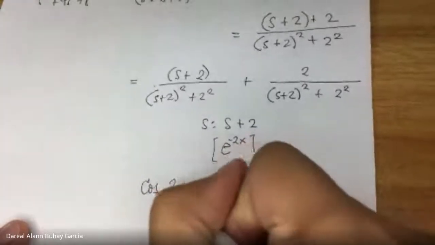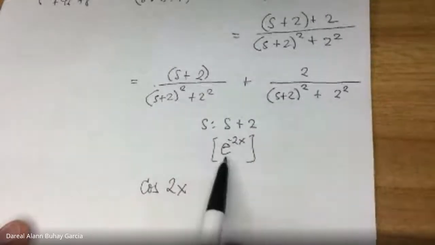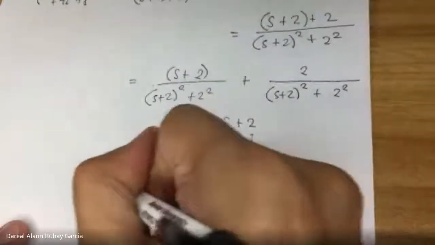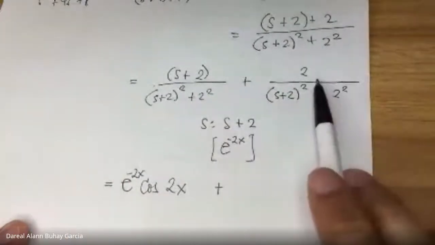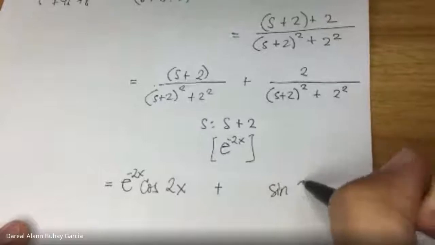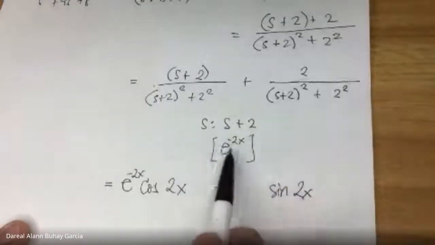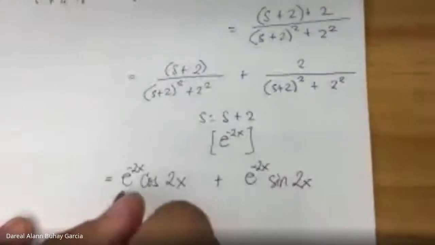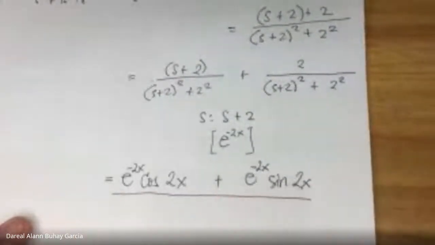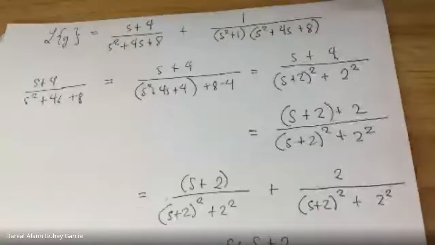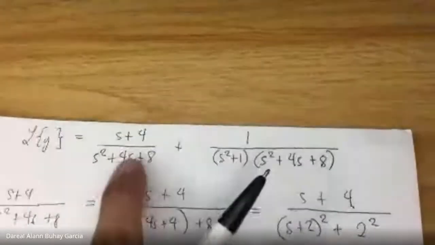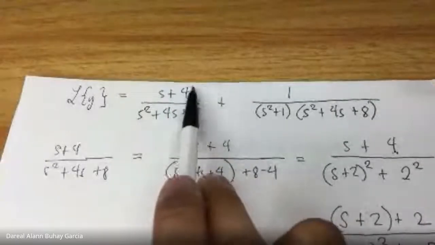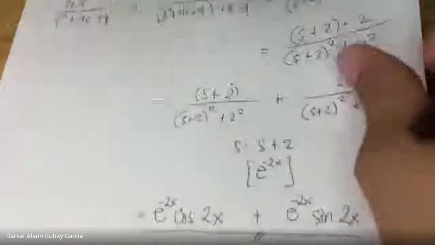So cosine 2x multiplied by e to the power of negative 2x, plus sine 2x multiplied by e to the power of negative 2x, where a is 2. That is the final answer.